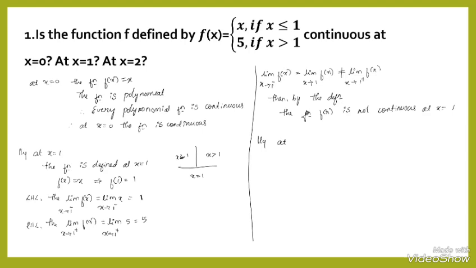The function f of x, at x greater than 2, means the value greater than 1 also, f of x is equal to 5. Here the function is a constant function.